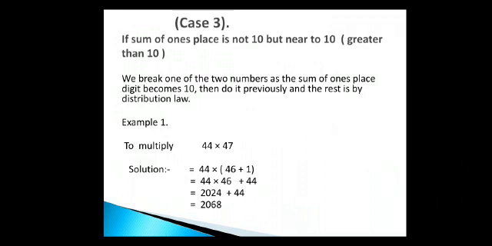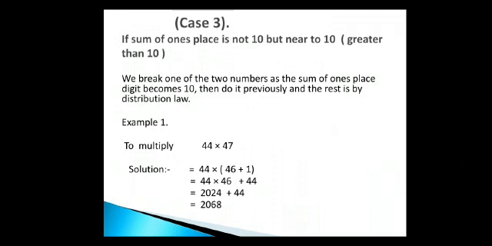Example first. To multiply 44 into 47. So we can break 47 as 46 plus 1 because we need 44 into 46 to get the sum of one's digit, that is 4 and 6.